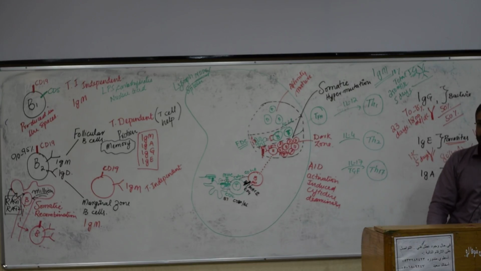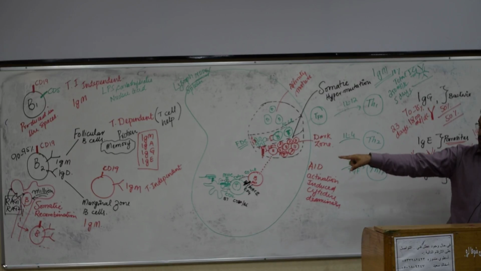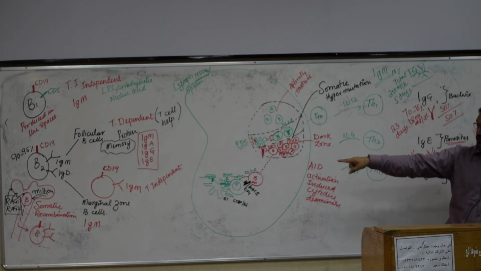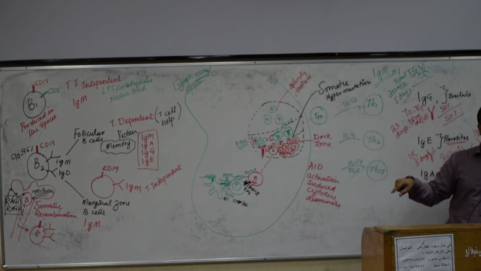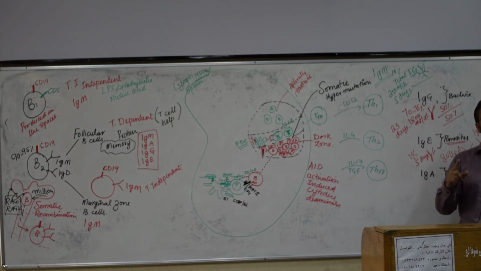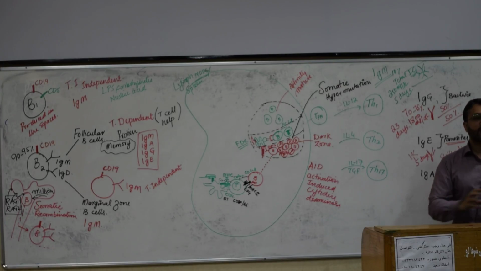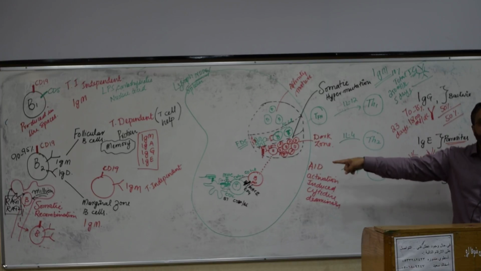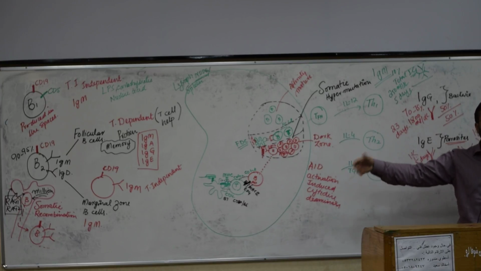Common variable. You see RAG1 and RAG2 genes, that's why I asked you, did you have a primary immunodeficiency lecture? When there is a defect in RAG1 and RAG2, the somatic recombination does not take place. And common means it is common, so the age groups are different. It will affect the T cells and it will affect the B cells. Let's assume this T cell which can recognize bacteria X is defective.